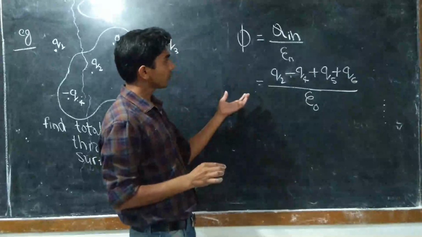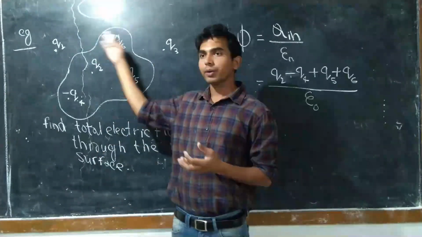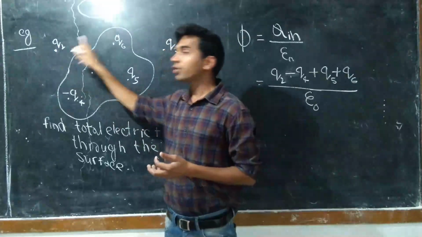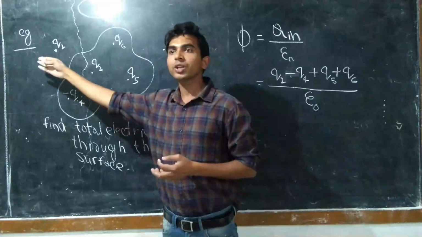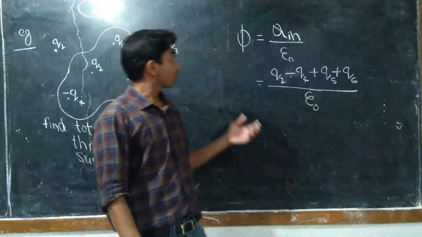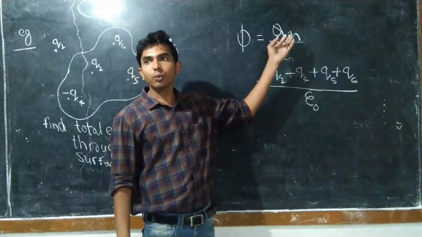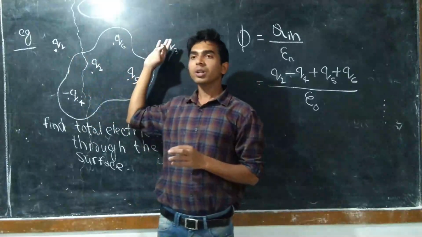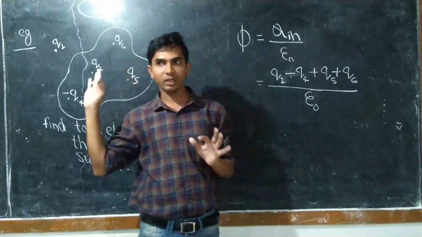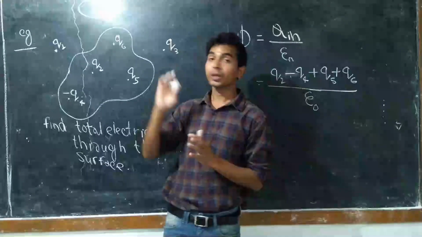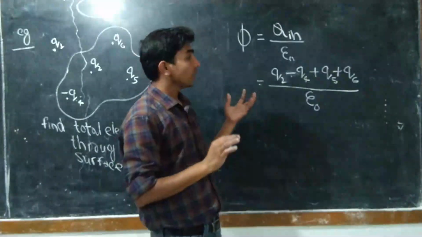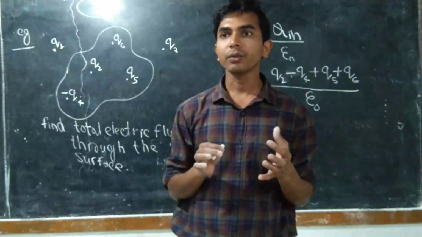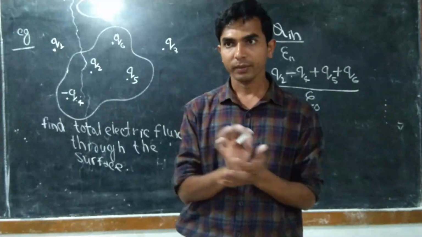This is the flux through this surface. I'm not taking these two charges because they are outside, and the formula says we take only the net charge inside the surface. This way, if the charge is given, you are able to find electric flux through any surface.